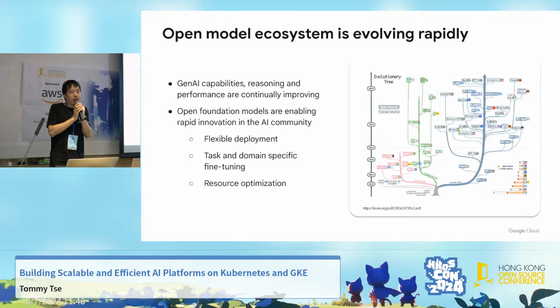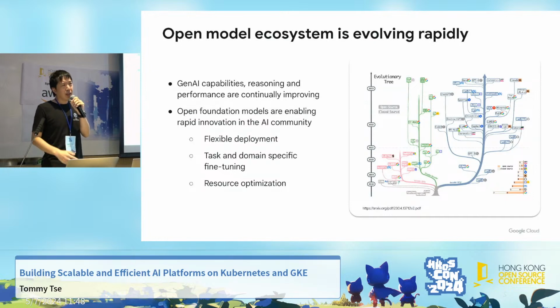In the AI community, there are many open models, and you probably heard about Llama, or Gemma from Google. They are evolving rapidly in terms of performance and quality, getting better day by day. It is also further enabling innovation in techniques, for example flexible deployment, task or domain-specific fine-tuning, or even resource optimization.